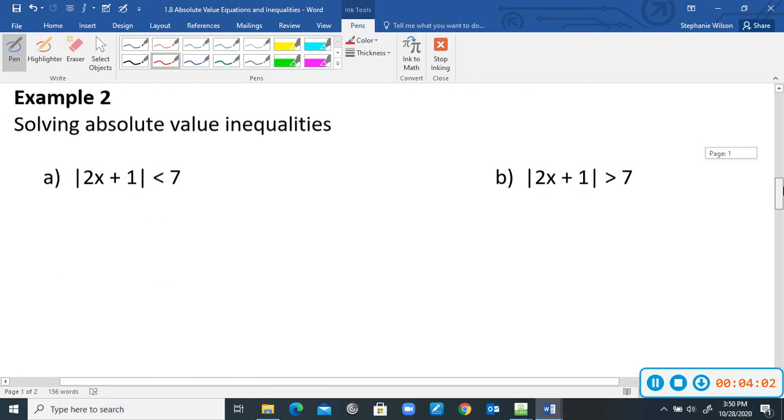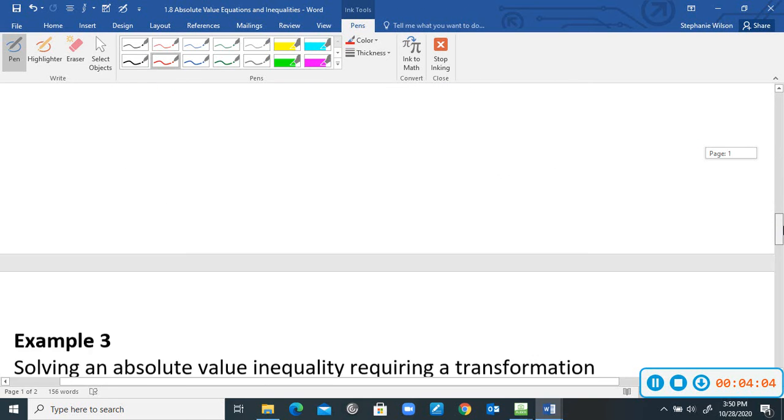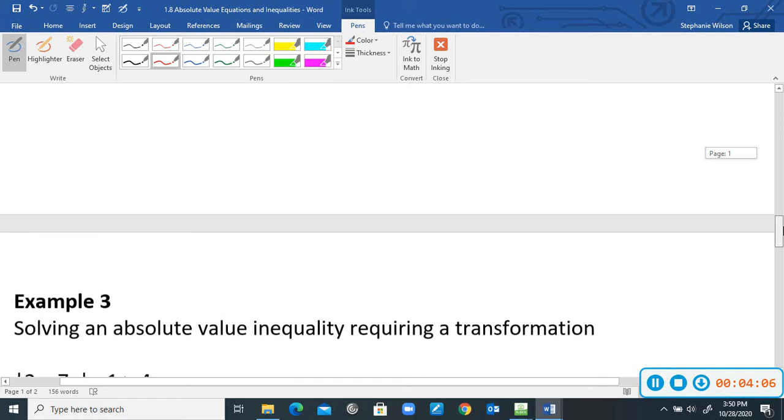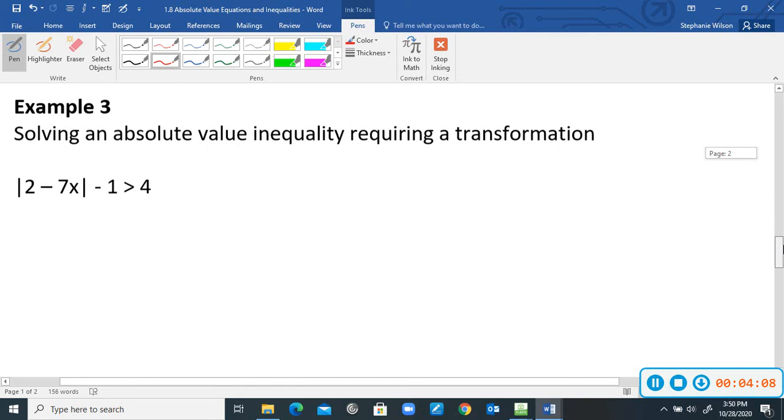Alright, so let's talk about when there are inequalities. Let's solve this one. It's a little bit different. We have an inequality sign. It's the same rule. The only difference is something happens to the inequality sign. So my first rule is: is my absolute value isolated? Yes, it is.